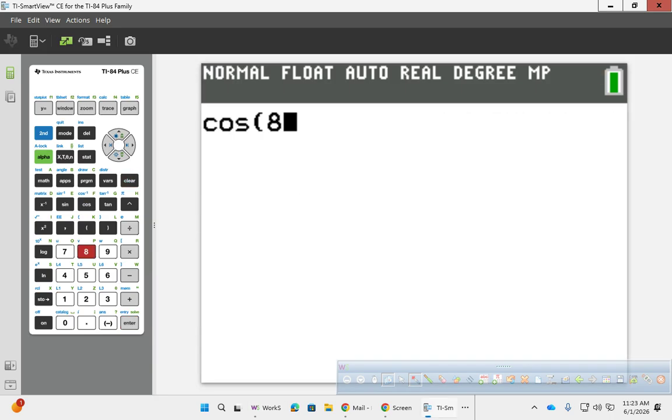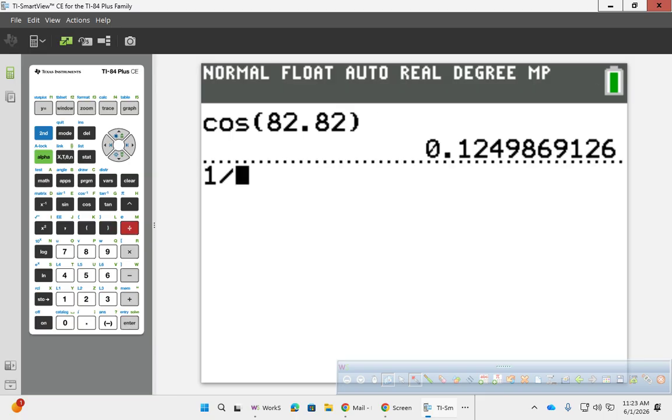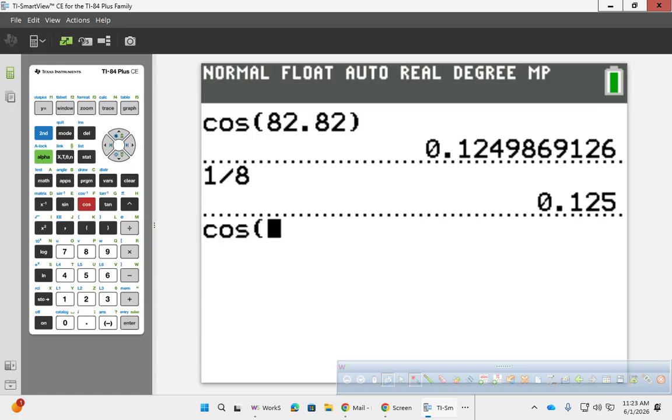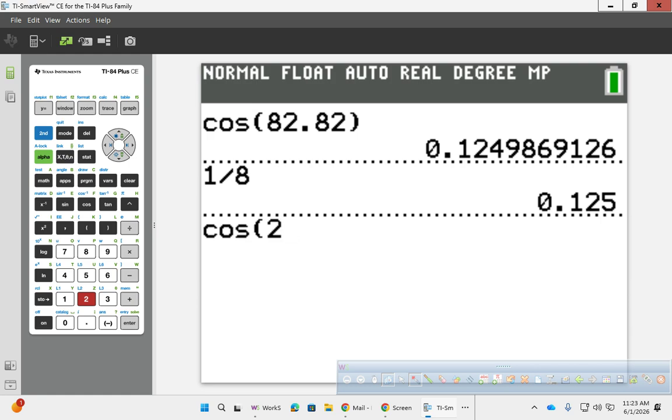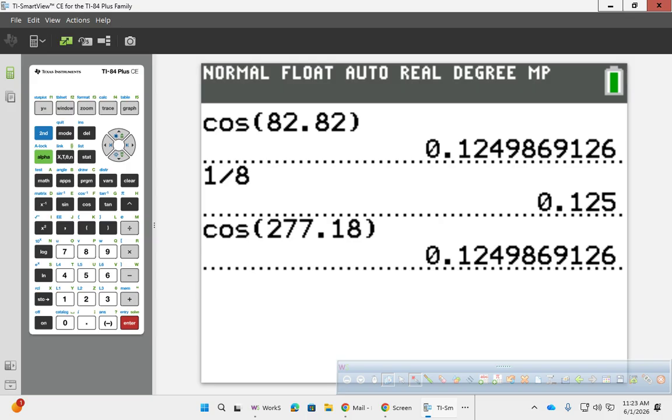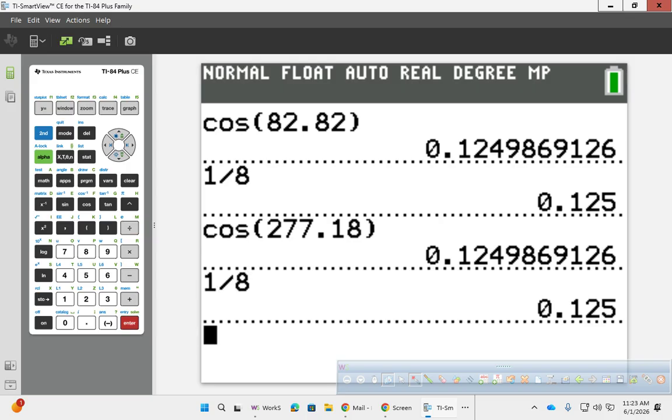Do the cosine of 82.82 and see if it's really close to 1/8. Do the cosine of, what was it, 277.18, and see if it's close to 1/8. You can guess and check by typing them into your calculator.